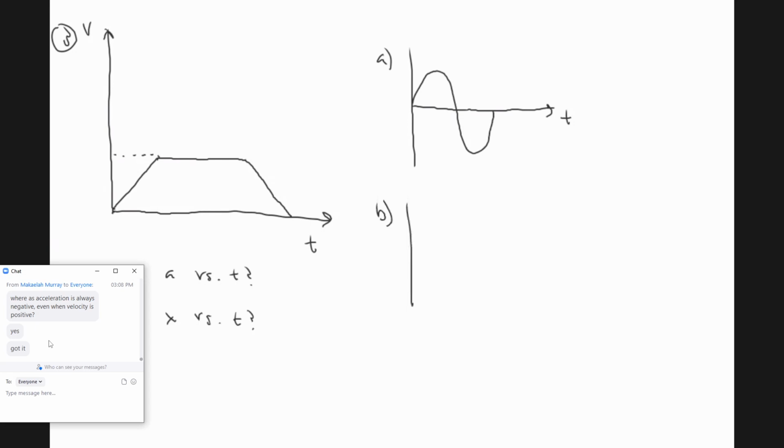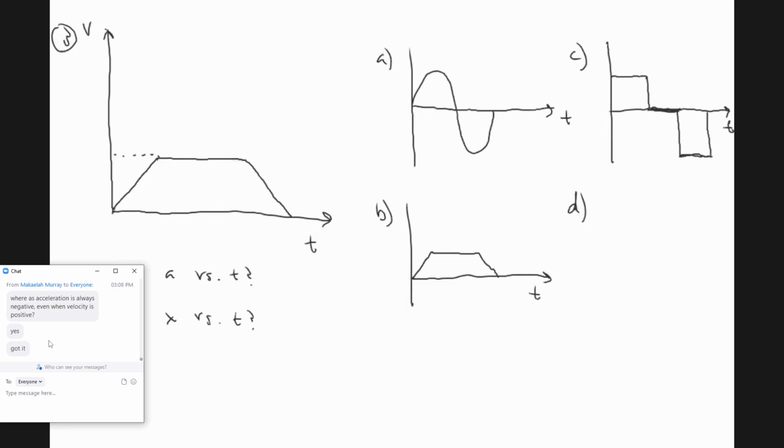B, acceleration as a function of time looks like the same graph. C, acceleration as a function of time is constant, goes to 0, then becomes negative. And D, acceleration or position as a function of time is curved, linear, and then concave down.